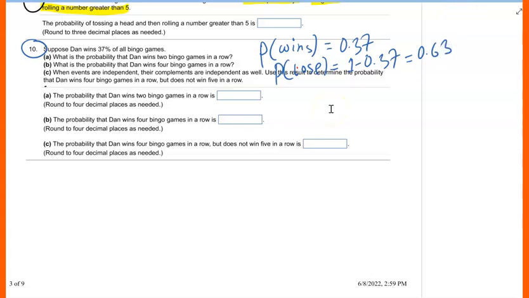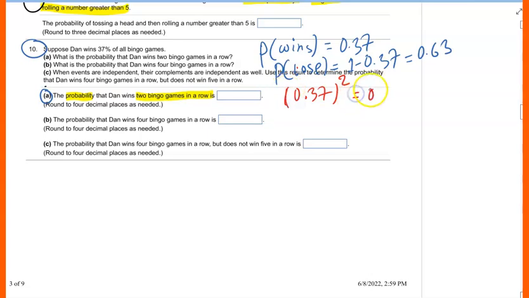Question number 1. Find the probability that Dan wins 2 bingo games in a row. To win 2 bingo games in a row, he has to win the first game and the second game. Therefore, you have to multiply this probability 0.37 twice, or 0.37 to the power 2.